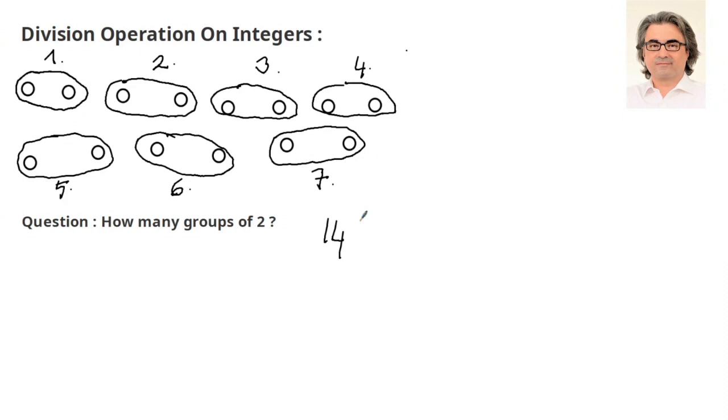So I made groups having an equal number of circles. Here, in each group the number of circles is 2.